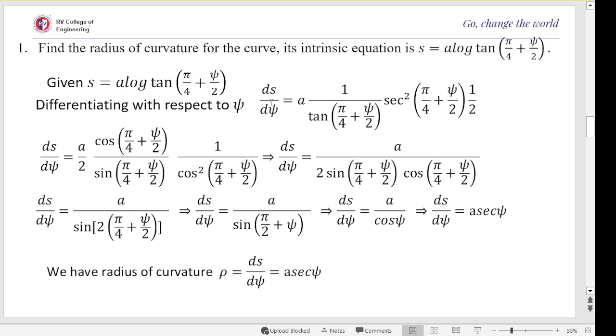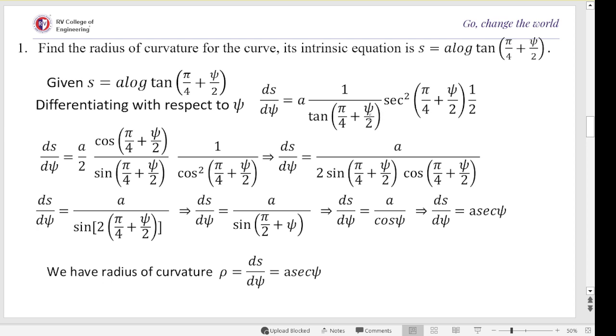We get ds by d psi equal to, since derivative of log x is 1 by x, 1 by tan (pi by 4 plus psi by 2) into the derivative of tan, which is sec square (pi by 4 plus psi by 2) into the derivative of psi by 2 with respect to psi, which is 1 by 2.